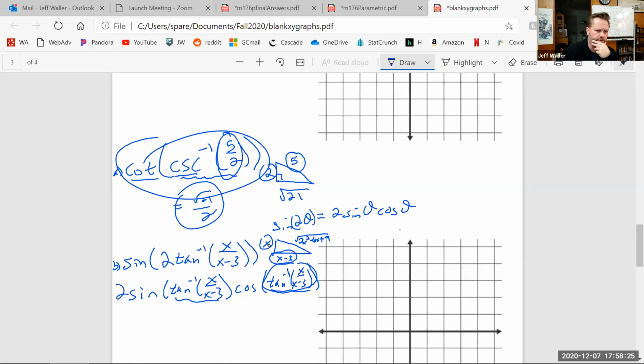And now I can build the sine of that and the cosine of that and multiply them together. So it'll be x over the square root of business times x minus 3 over the square root of business. The other x squared? Isn't it also added into the square root? Yeah, that's why it's 2x squared.